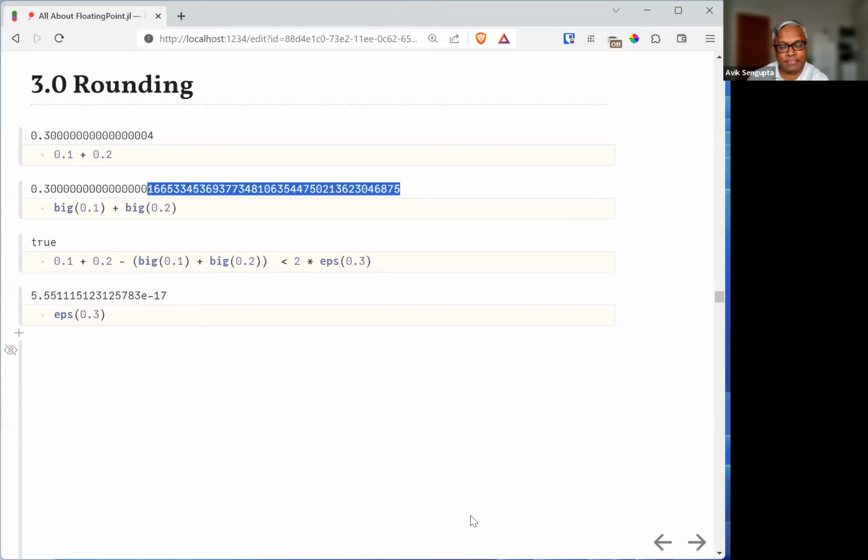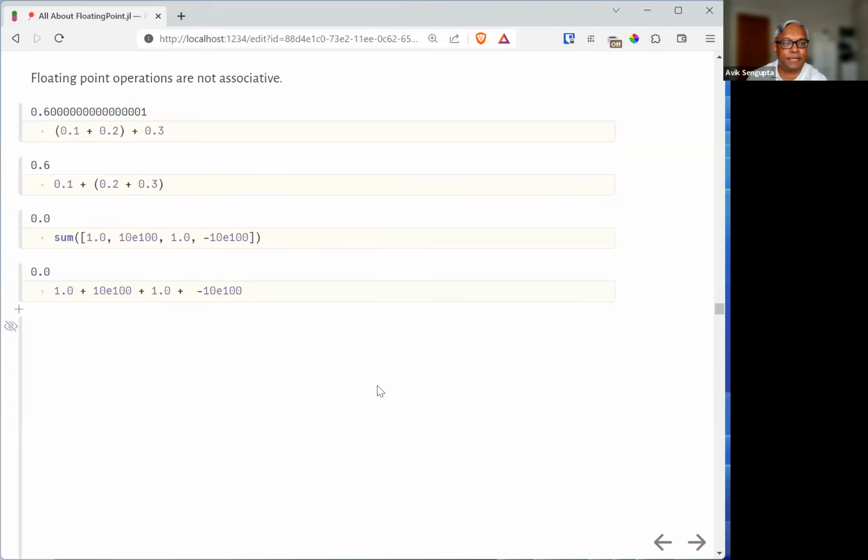One way where these rounding errors can affect you is, for example, associativity, right? Floating point operations, because of this rounding, are not associative. So for example, if I add 0.1 plus 0.2 first, and then add 0.3, I get 0.600000001.